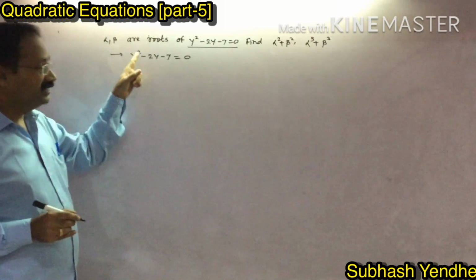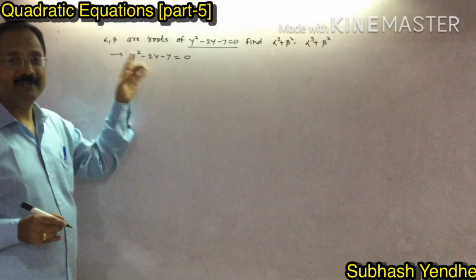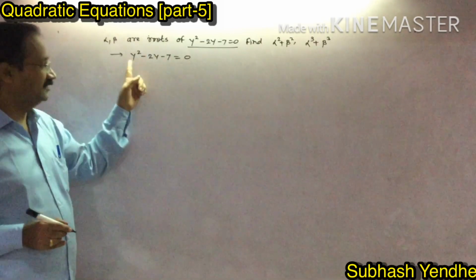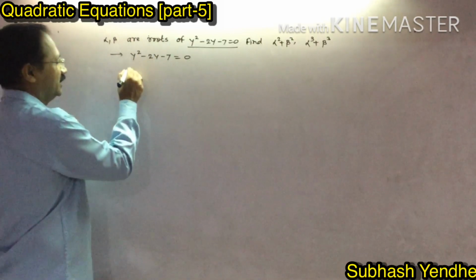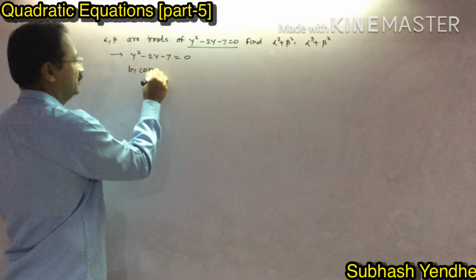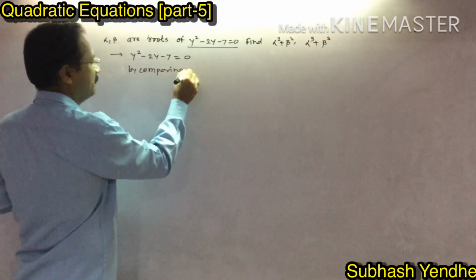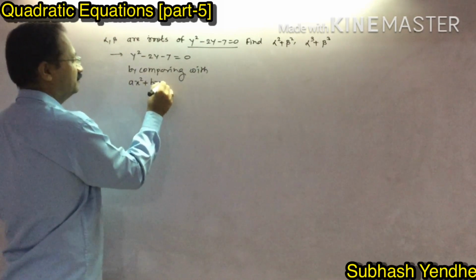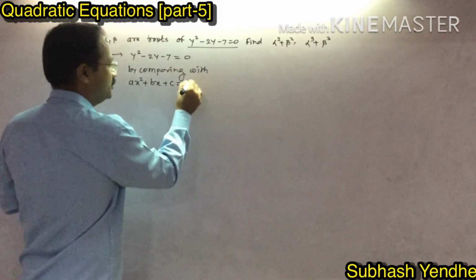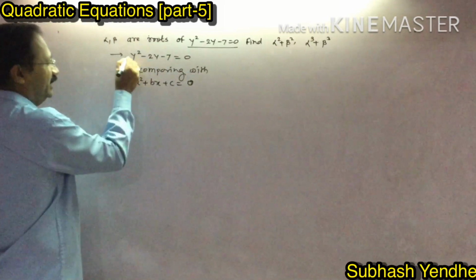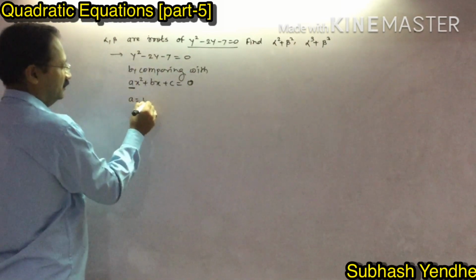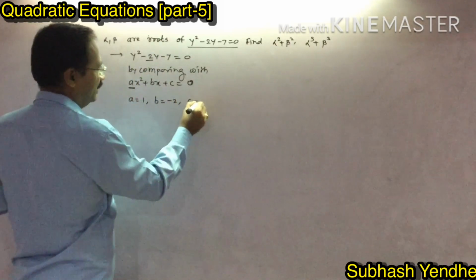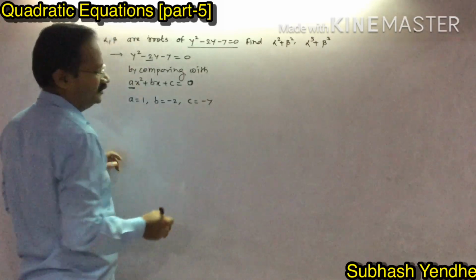Now, is the given equation in the form of ax square plus bx plus c equals 0? Yes, it is. So we can write it by comparing with ax square plus bx plus c equals 0. So we get the value of a is 1, b's value is minus 2 and c's value is minus 7.